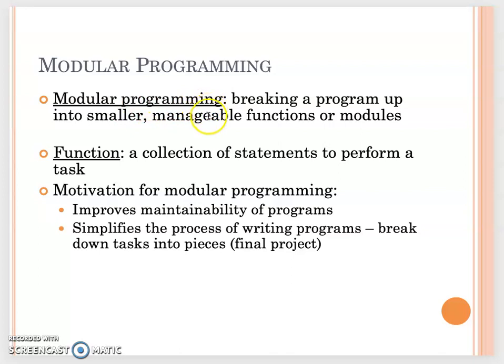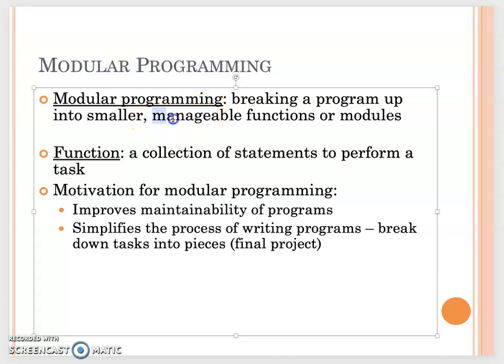There are many different ways, but here the first way is to make that a function. A function is a collection of statements that performs a task, and you will use that all the time. For example, sometimes I want you to find the sum from 1 to 10. You know how to do that, right? You can write a for loop from i equals 0, i less than or equal to 10, and then find the sum.